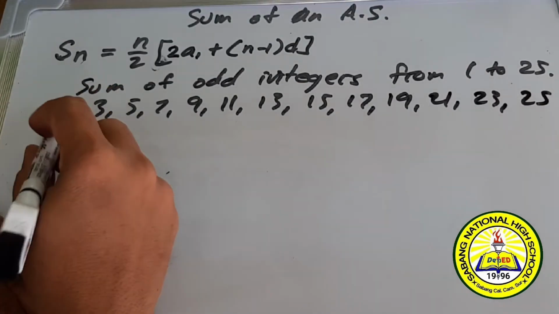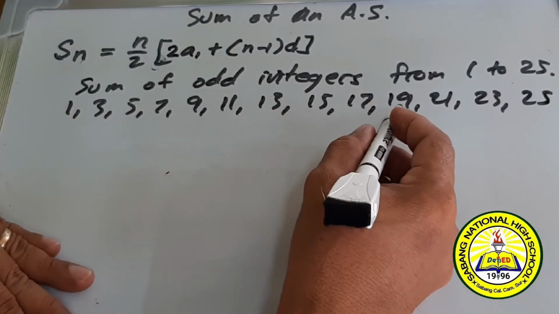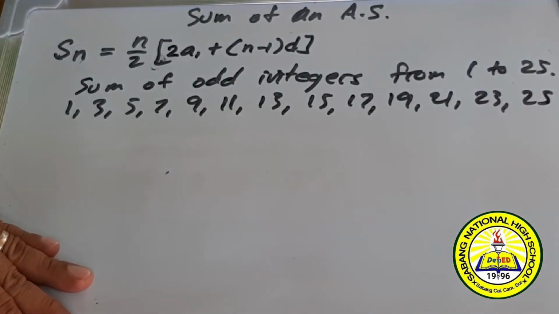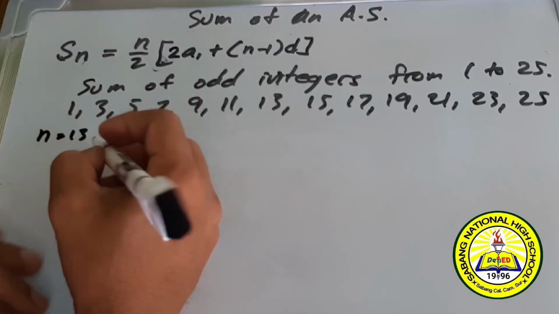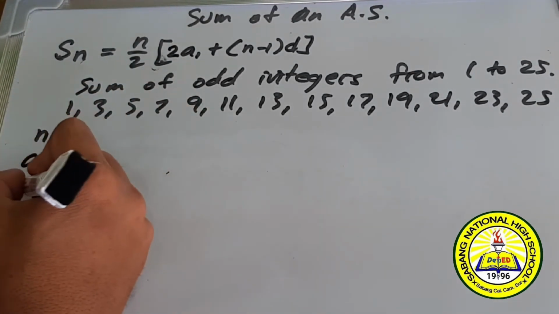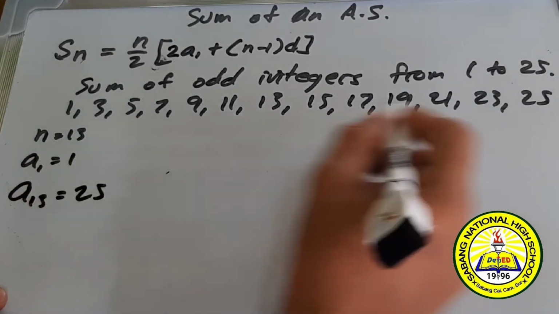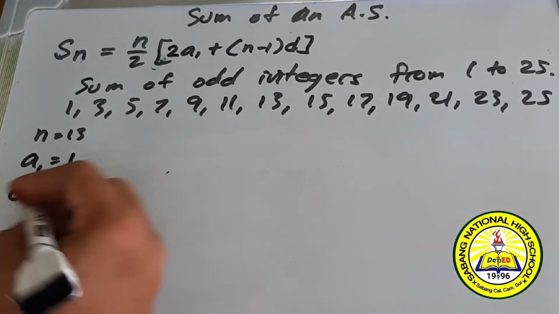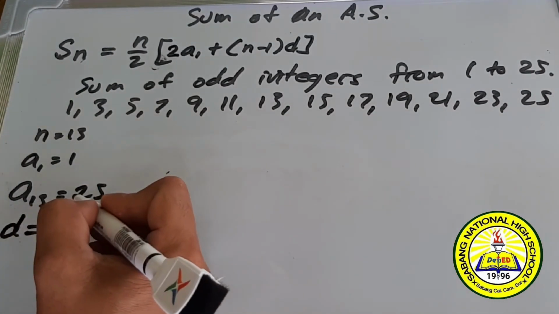So how many terms were there? We have 1, 2, 3, 4, 5, 6, 7, 8, 9, 10, 11, 12, 13. So we have 13 terms. So n is 13, a sub 1 is 1, a sub 13 is 25, the 13th term, and the common difference is 2.